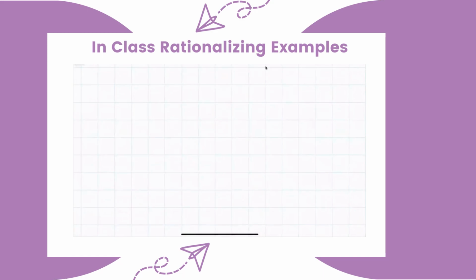What about if we had 2 root x over 3 minus root x? How would we go about this one?